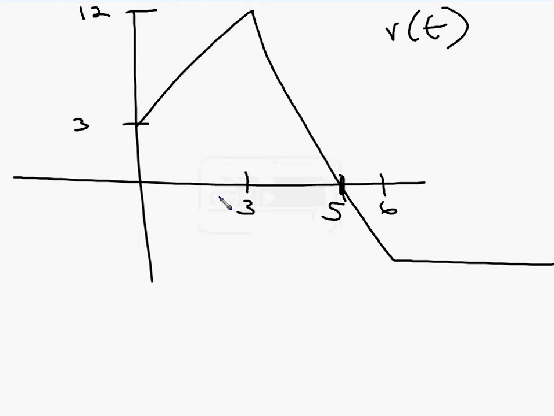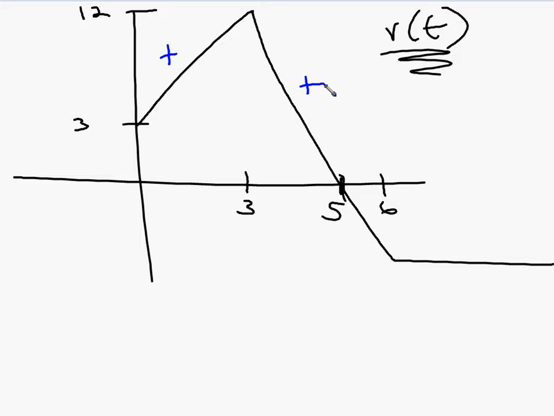The question under example 2 says, at t equals 4, is the particle moving to the right or to the left? Now, the graph below is velocity. These are the possible velocity values. So it's very important to note that this is a positive velocity value. Isn't this also a positive velocity value?